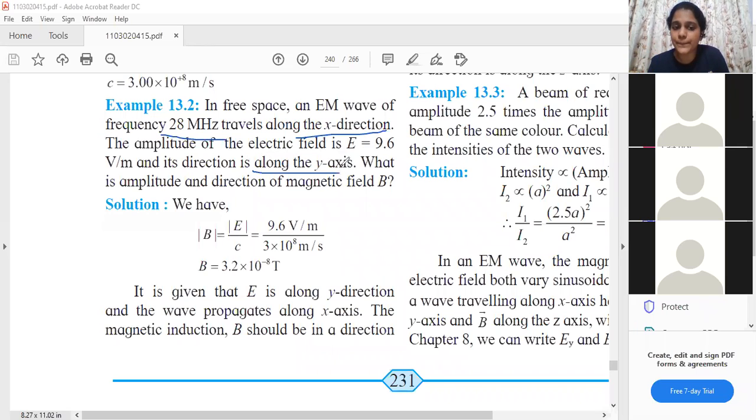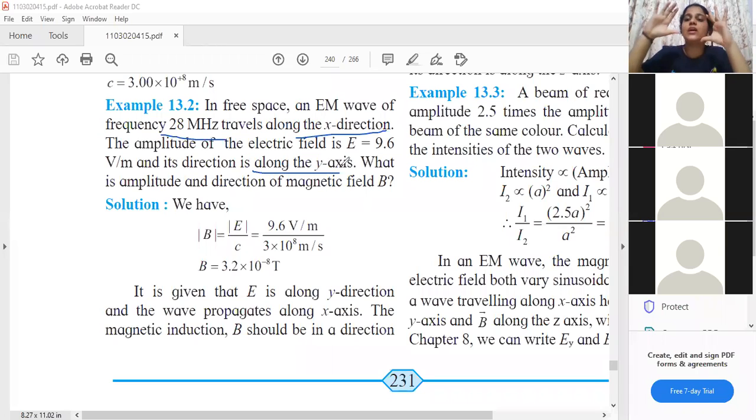Can anyone answer? See, the EM wave is propagating along X axis. And we all know that the EM wave is made up of electric field and magnetic field, which are perpendicular to the propagating axis.